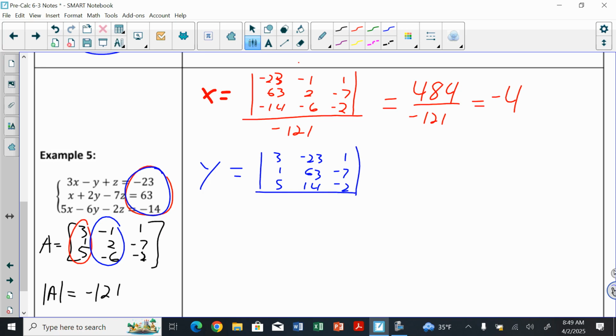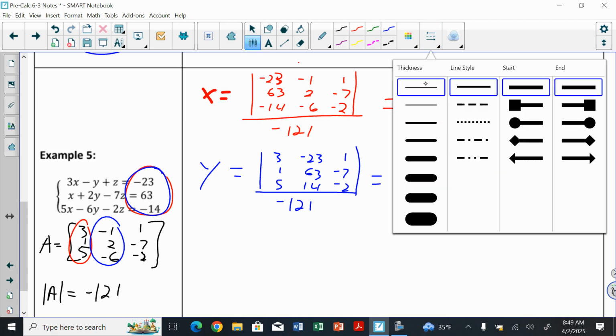And all of that over my negative 121. Don't forget about that. This determinant is going to be negative 242 over negative 121, which comes out to a positive 2. Finally, let's look at Z.